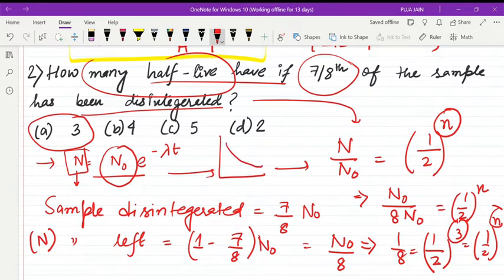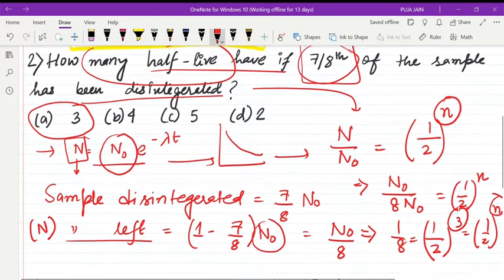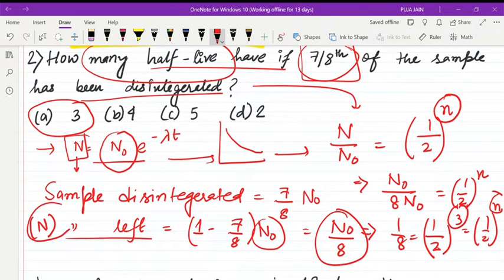The sample disintegrated is 7/8, so the sample left is N0 minus 7 by 8 N0, that is 1 minus 7 by 8, that is N0 by 8. This is my N after time t. The formula for the number of half-lives is N by N0 equals half to the power n. Substituting N as N0 by 8 we get 1 by 8, which can be written as 2 cube. So if we compare, we get n equals 3.